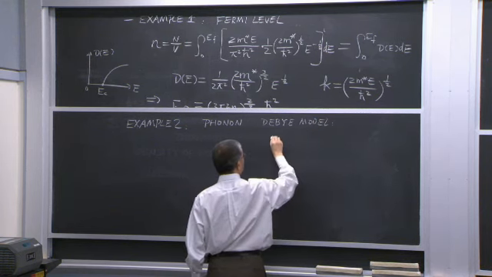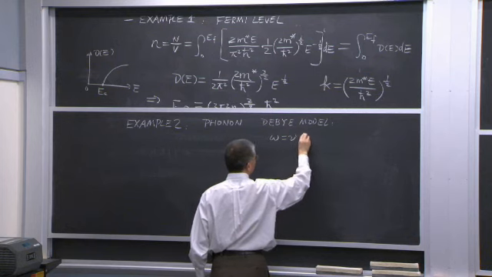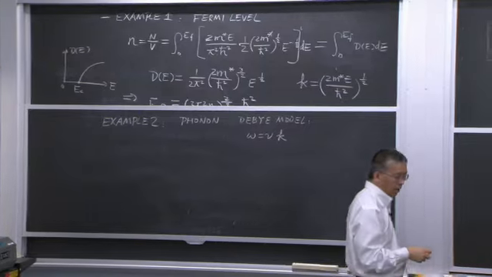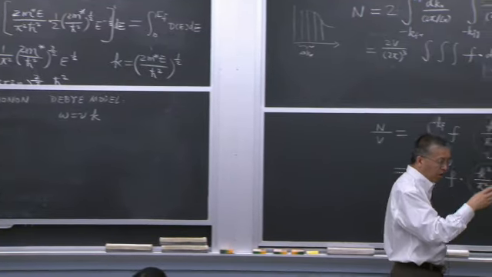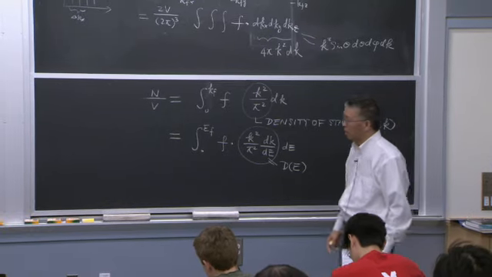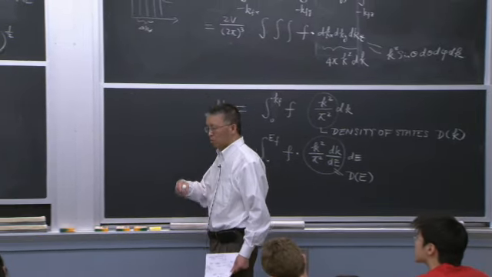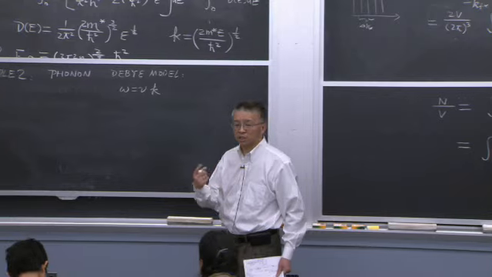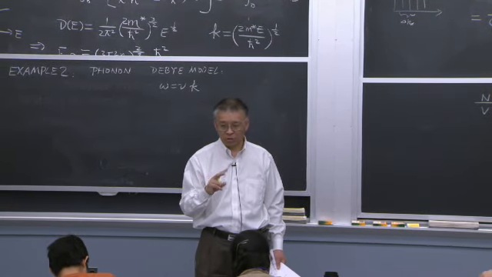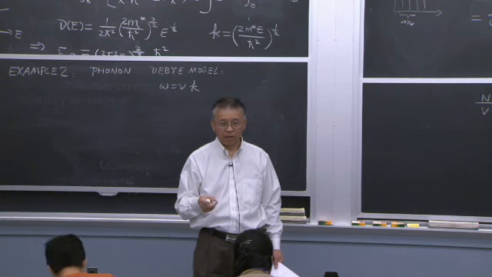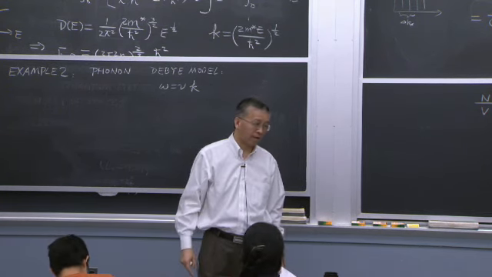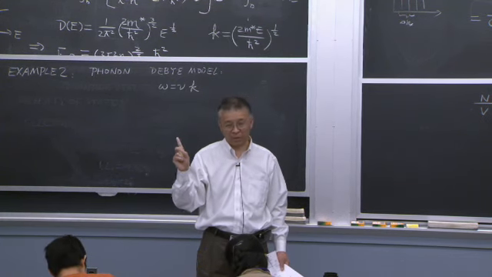The Debye model says omega equals v times k, and this k is the magnitude of the wave vector, so it's the square root of kx squared plus ky squared plus kz squared. Also, in this case, the phonons are degenerate: 3 polarizations, transverse 2, longitudinal 1. Debye just collapsed all 3 into one line there, but you should still know there are 3 polarizations.